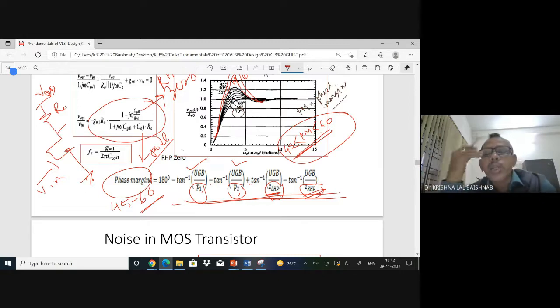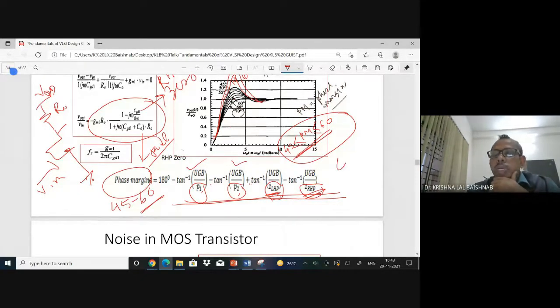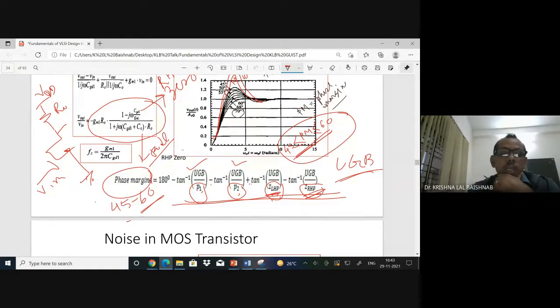To maintain my phase margin, what I need to do is pull some other poles and zeros out of my interested region. What is UGB? Unity gain bandwidth. Suppose this pole is complicated for me and I am unable to get this value. What I'll do is put this P2 far above the unity gain bandwidth. All of you know unity gain bandwidth: for a transistor, the frequency response and transfer function at very high frequency.